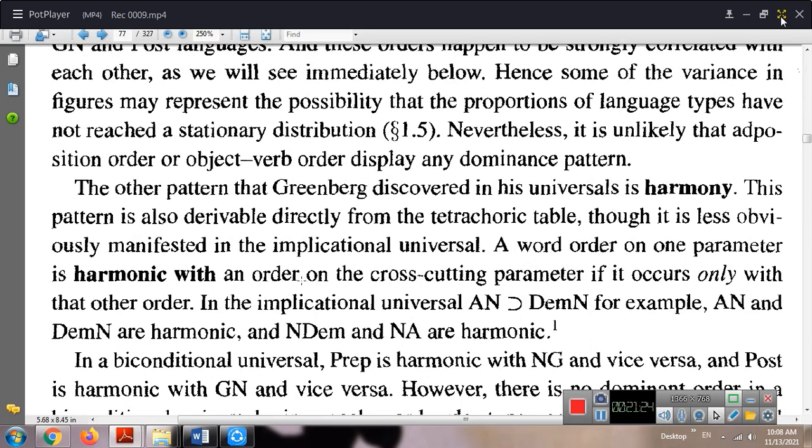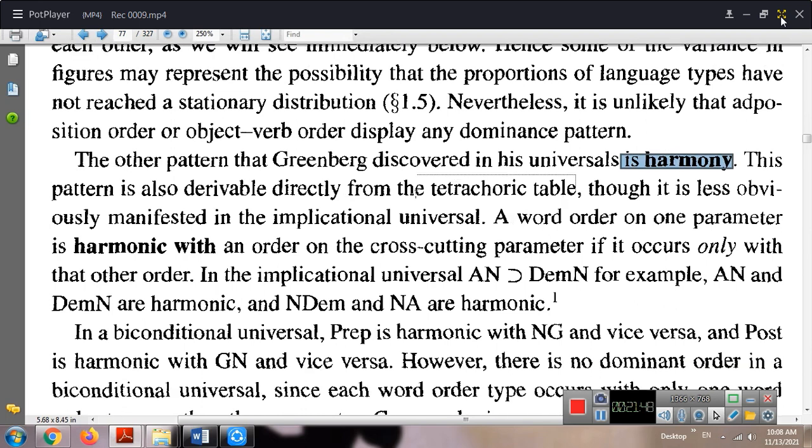Okay, here, dear student, we want to define and introduce another term, which is harmony. Harmony is another important term. The other pattern that Greenberg discovered in his universals is harmony. This pattern is also derivable directly from the tetrachoric table, so it is less obviously manifested in the implicational universals. A word order on one parameter is harmonic with an order on the cross-cutting parameter if it occurs only with that other order.